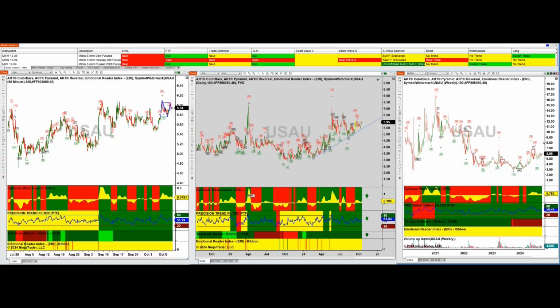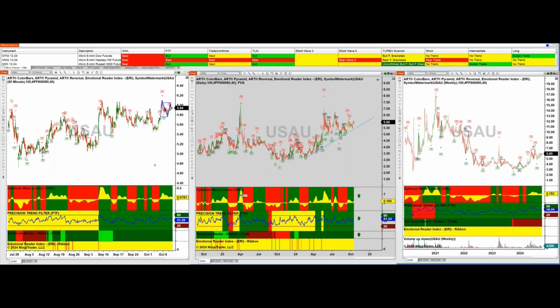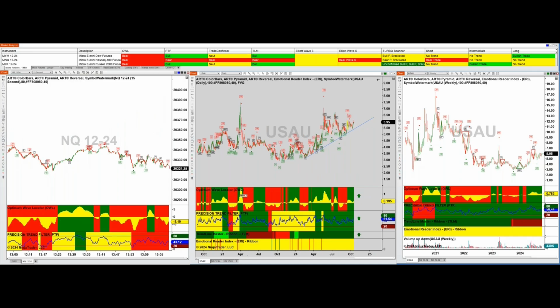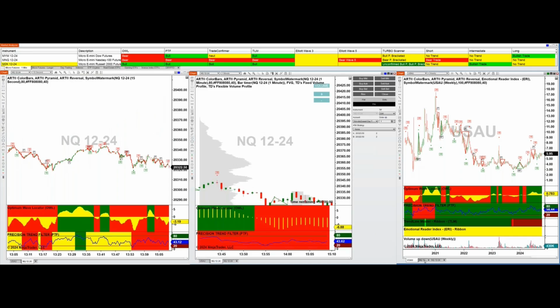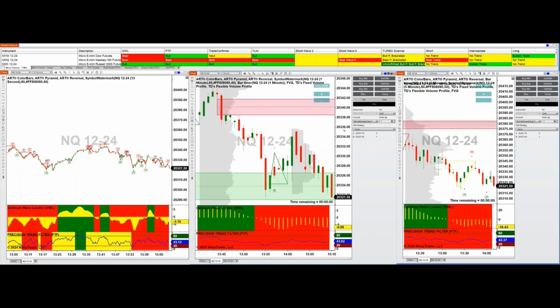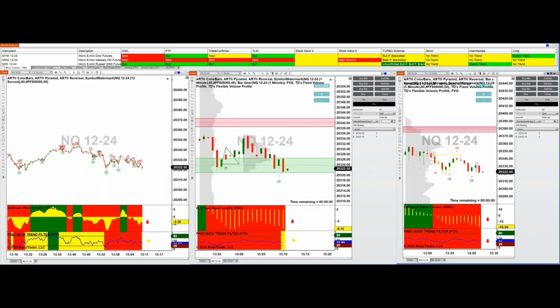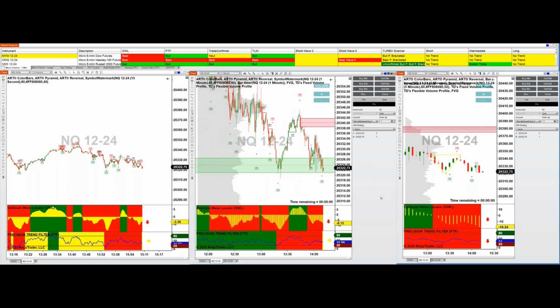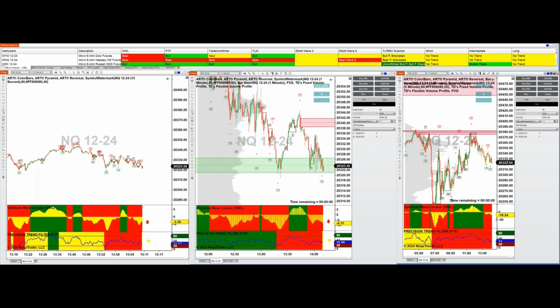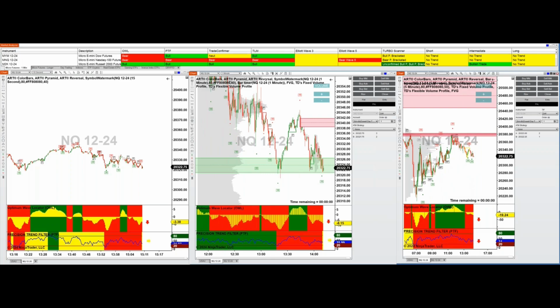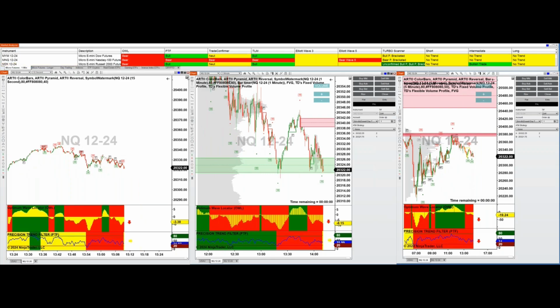All right, let me go to real charts for a moment. And we can even take a look and see what the NASDAQ is doing here. But in a case like this, what we do is we look at different time frames, in this case based on the 5-minute, the 1-minute, and the 15-second.